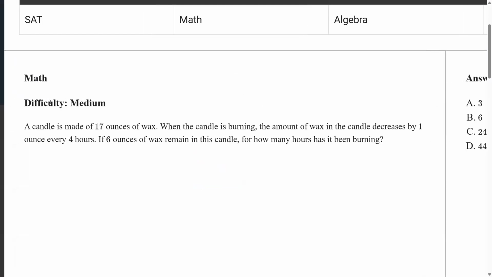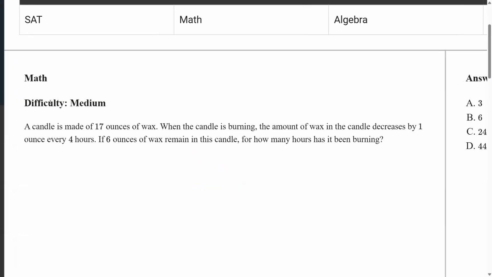A candle is made of 17 ounces of wax. When the candle is burning, the amount of wax in the candle decreased by 1 ounce every 4 hours. 6 ounces of wax remain in this candle. For how many hours has it been burning? So we lose 1 ounce each 4 hours.